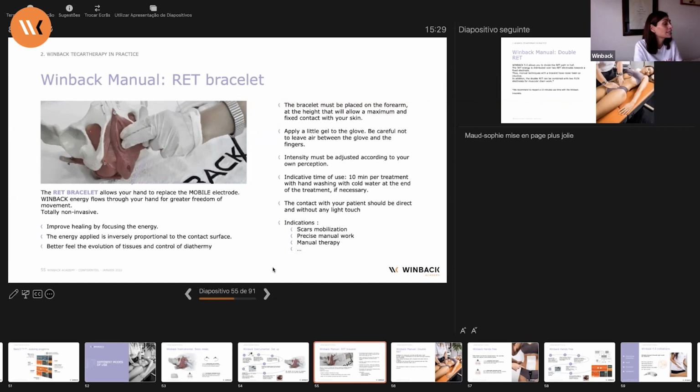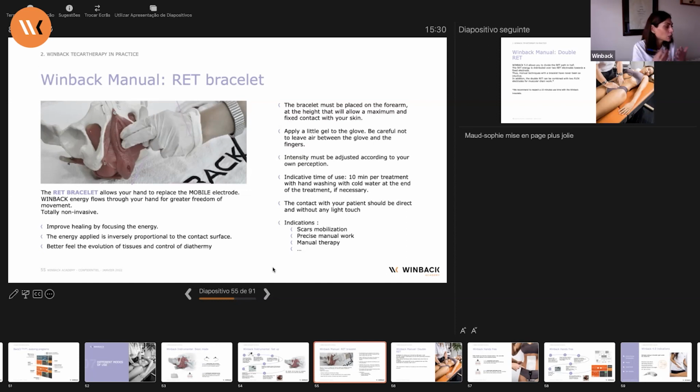The red bracelet allows your hand to replace the mobile electrode, so you will substitute the electrode with your hand. The Winback energy flows through your hand for greater freedom of movement. And this treatment is completely non-invasive, okay?